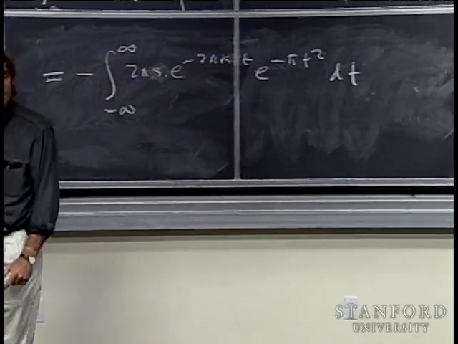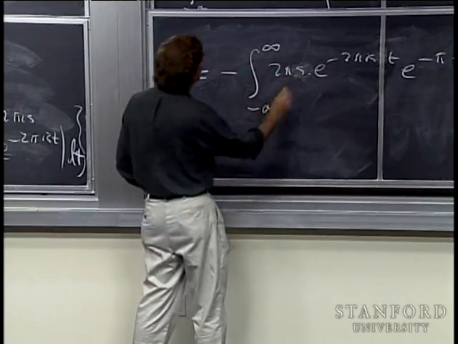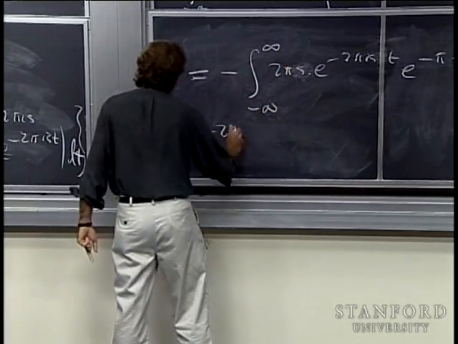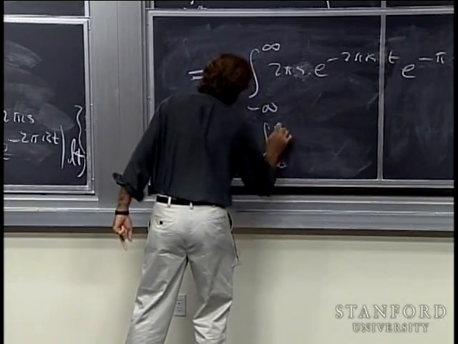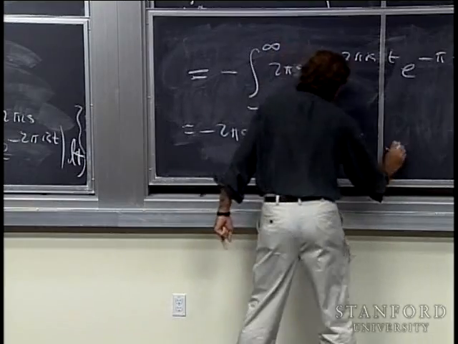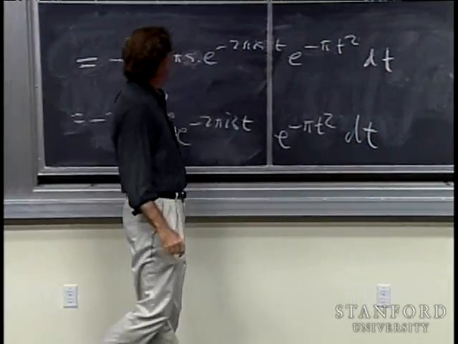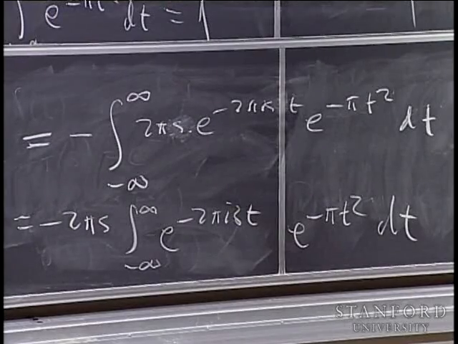Now, I'm integrating with respect to t. This depends on s, so it comes out. So this is minus 2 pi s times the integral from minus infinity to infinity of e to the minus 2 pi i st e to the minus pi t squared dt. Brilliant. I've gotten back to where I started.